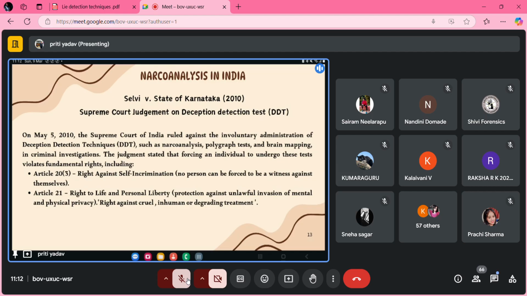It includes Article 20(3), the right against self-incrimination, and Article 21, the right to life and personal liberty. The main concern is that involuntary administration of narcoanalysis, polygraph, or brain fingerprinting is unconstitutional. Tests can only be conducted with informed consent.